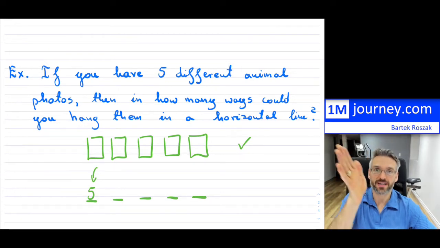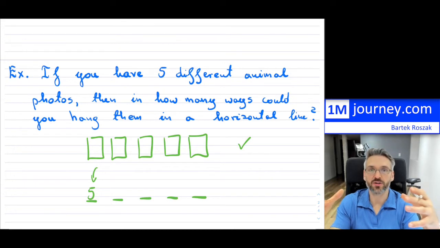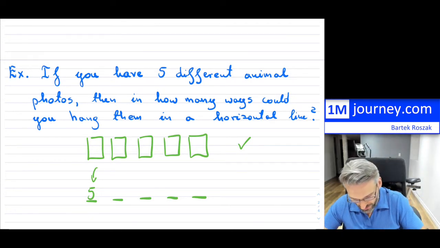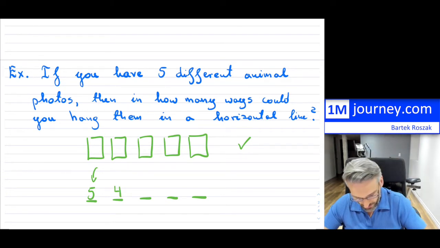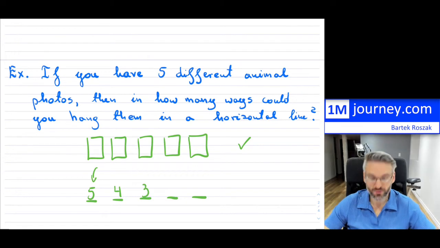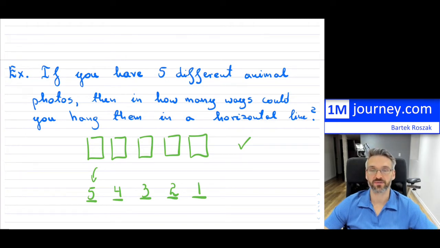Now I go to my second stage in my counting. How many different photos do I have remaining? Now I have 4 possibilities that I could put in here. Then again I move over, and I would have 3 possibilities remaining. And then again, 2 possibilities remaining, and finally only 1 left.